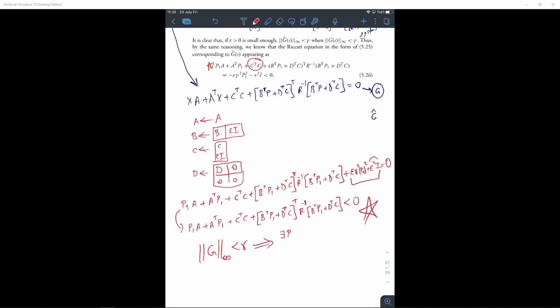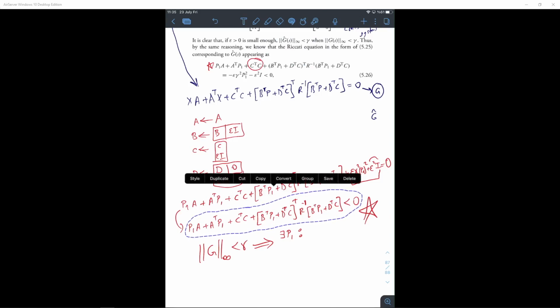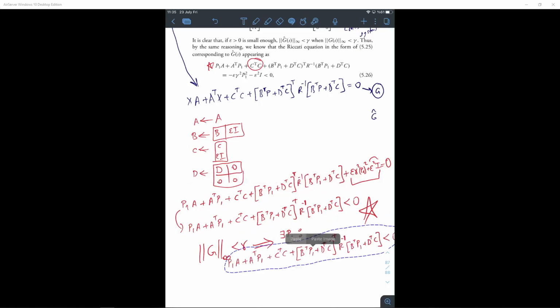There exists P, or P1 here in this case, such that this given algebraic Riccati equation is less than 0, and I'd like to write this again, copy, paste.